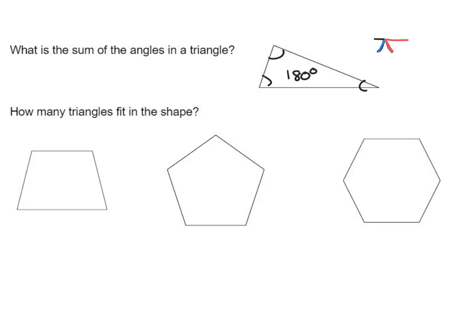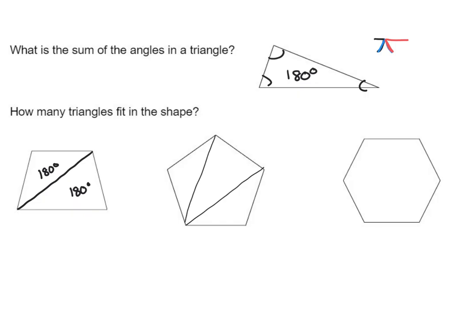How many triangles fit in a shape? Well, if we take this quadrilateral and we cut it in half, now we have 2 triangles, 180 degrees and 180 degrees of interior angle sums. A pentagon, we can split that up.